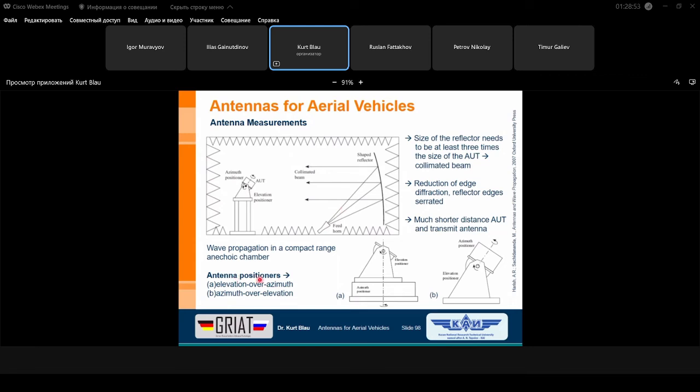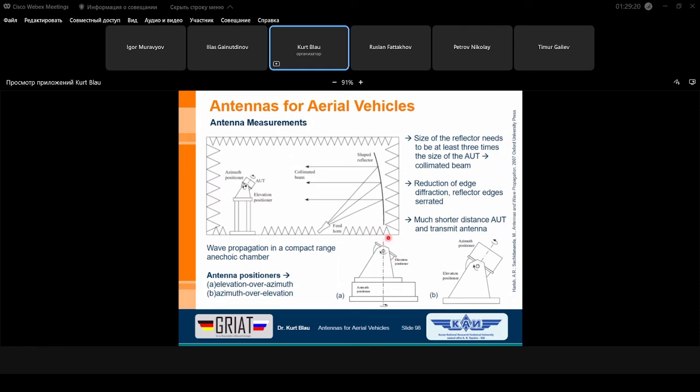This antenna positioner, for instance, in case A here, is named elevation over azimuth. Elevation over azimuth means elevation is the first possibility to turn the antenna. This is this plane, and after that you can turn the antenna.